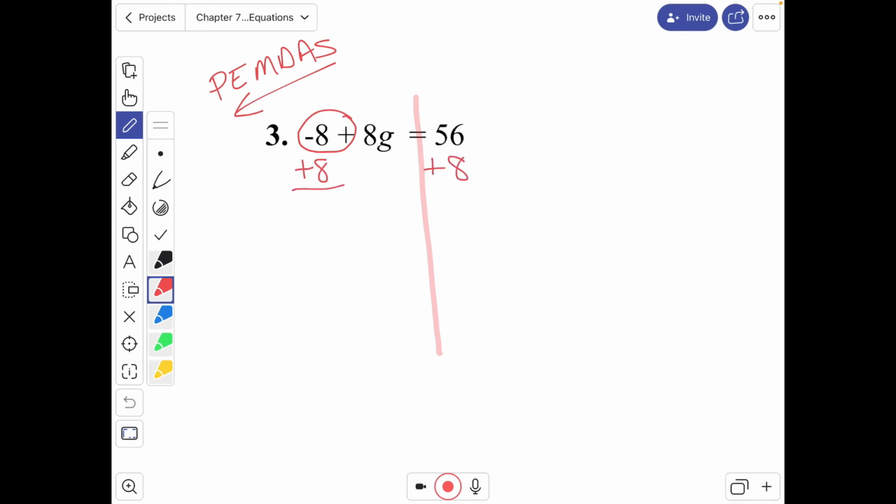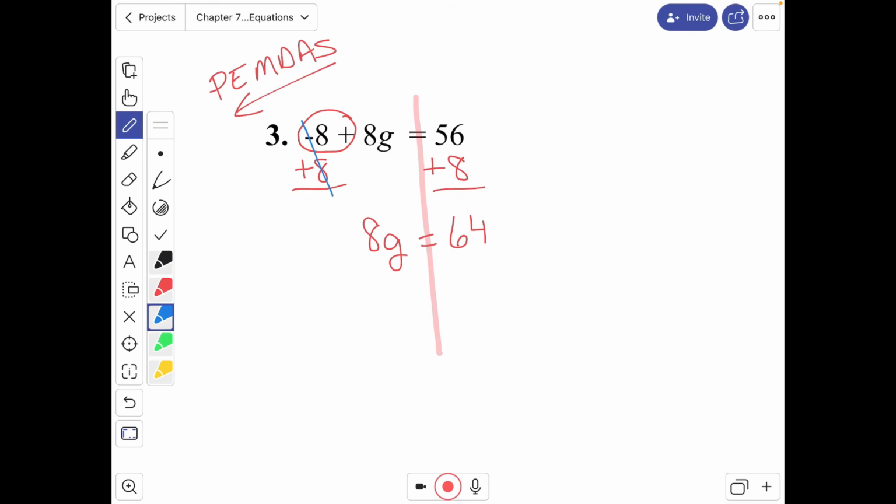So positive 8 to both sides, which makes those cancel. And the 8g comes straight down, and the equal sign comes straight down. And 56 plus 8 makes 64.